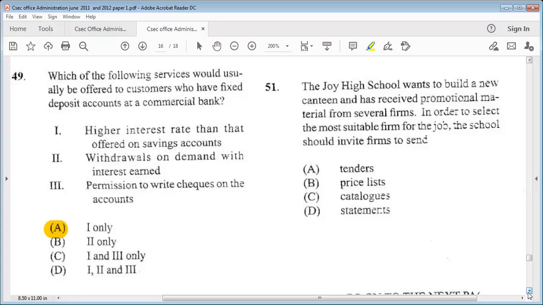Now, using the method of elimination, we know it could not be price lists. It couldn't be catalogs either. It couldn't be statements. Those are not what is used, but it is A, tenders. So that would be your answer, A, tenders.